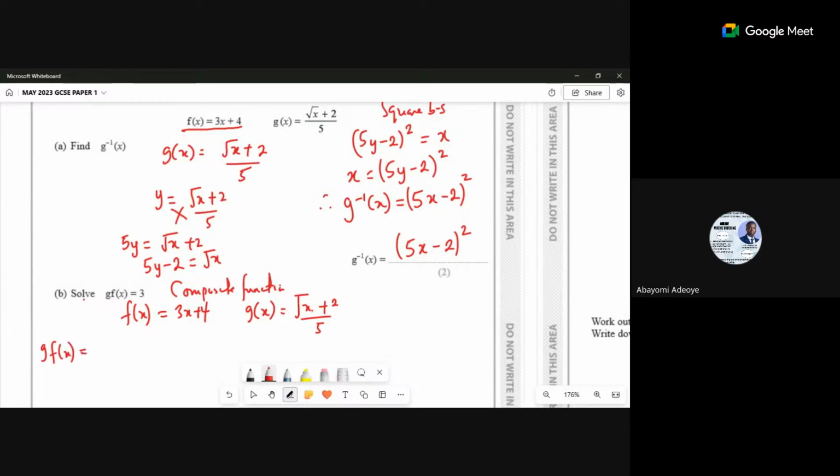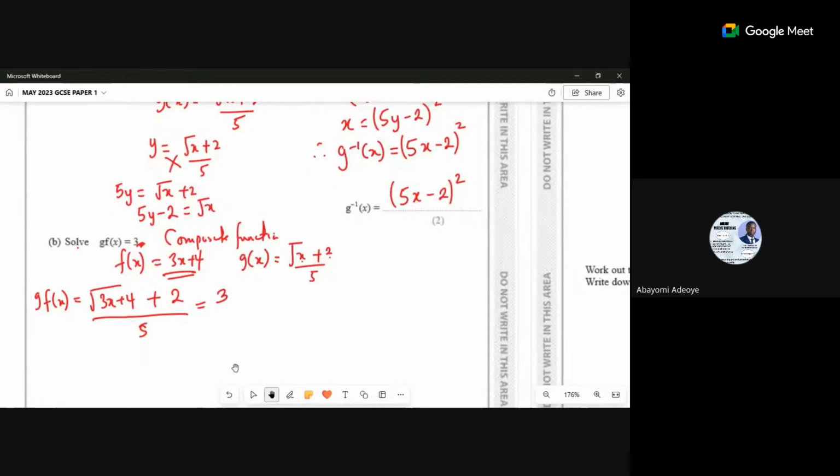So I am going to replace this x with the whole of this. So I have root 3x plus 4 plus this 2, over 5, equals 3, right?